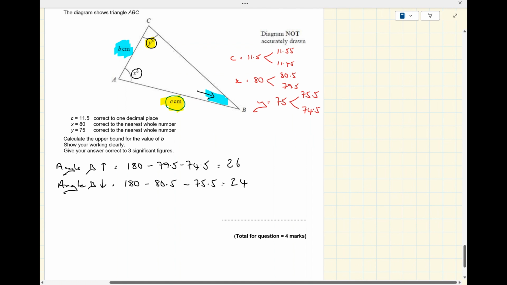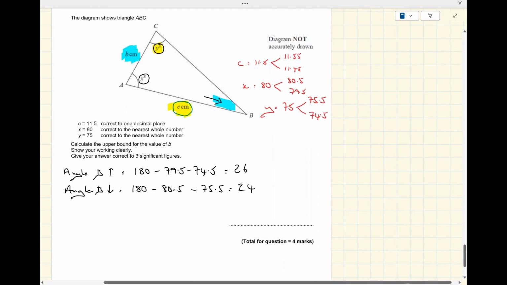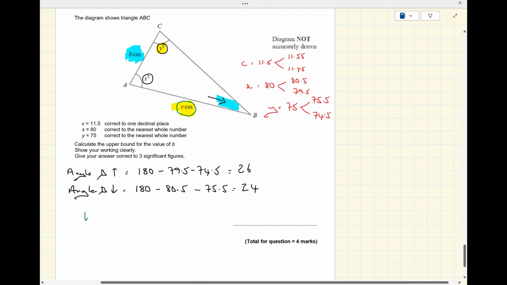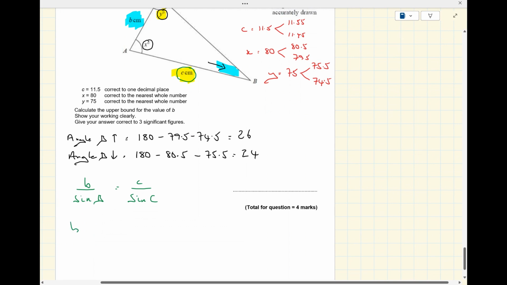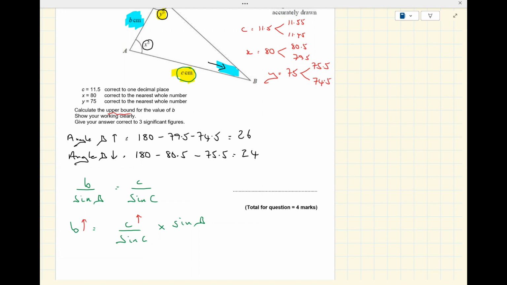Now let's work out how I would go about finding B. So if I were finding B, I would go B over sine capital B equals C over sine capital C. And so my formula for B would be C over sine C times sine B. And we want the upper bound for B. So I would want the highest possible C and the lowest possible sine C, which would make this fraction as high as it could be.